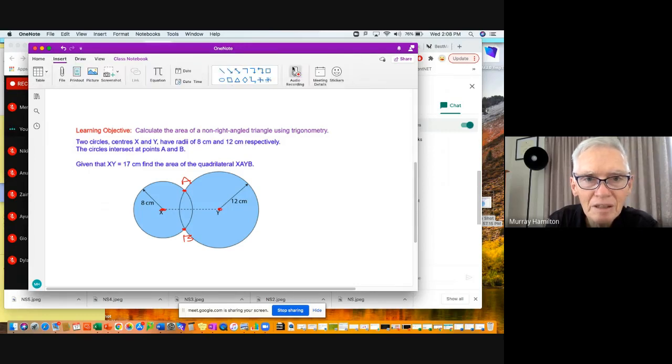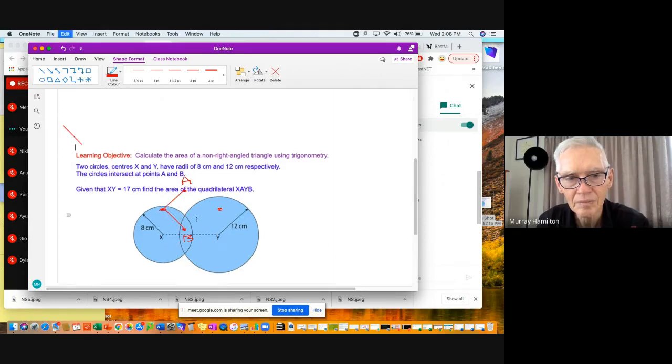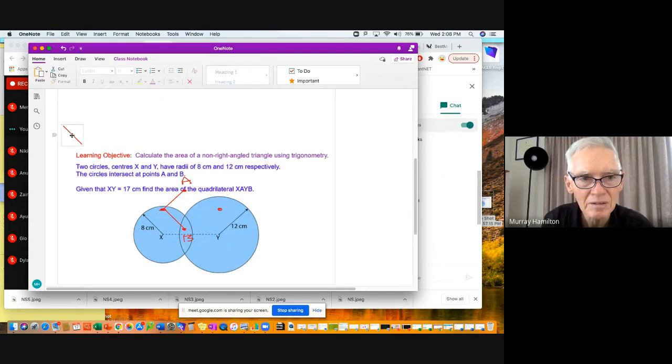So I'm going to now make some triangles. So I'm going to get my ruler, and I'm going to make one like that. And I think I have to grab it again and make another line like that. And then I can grab this line.